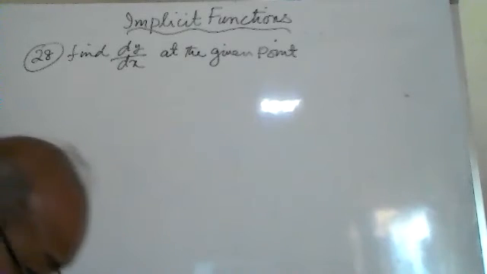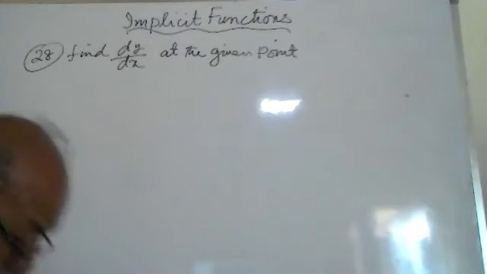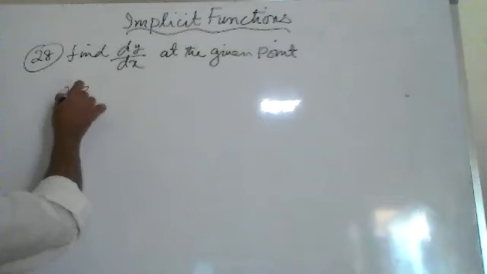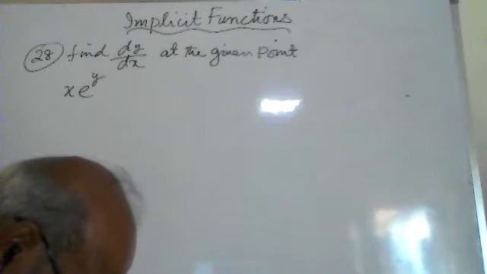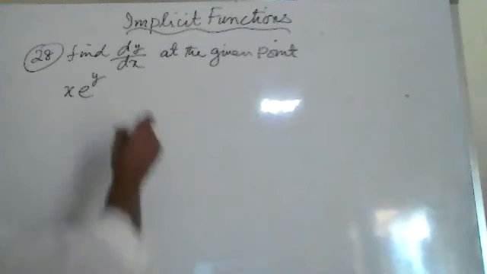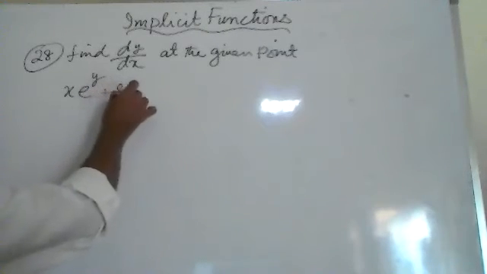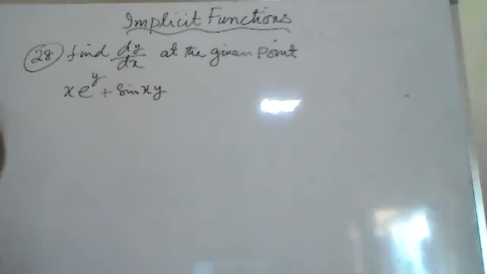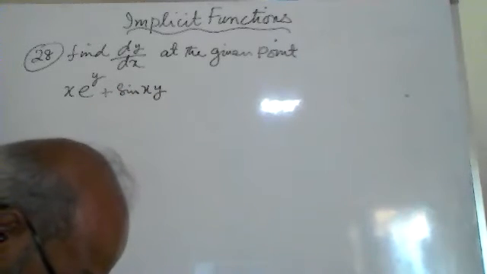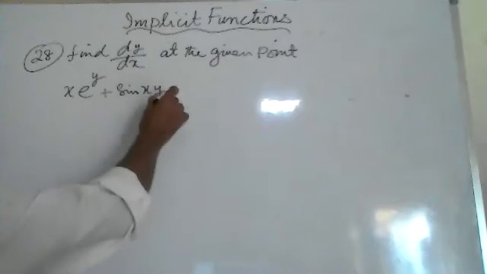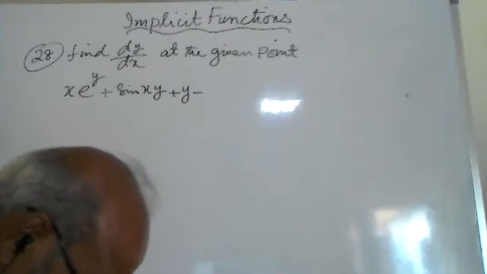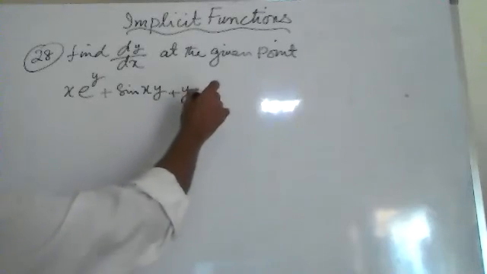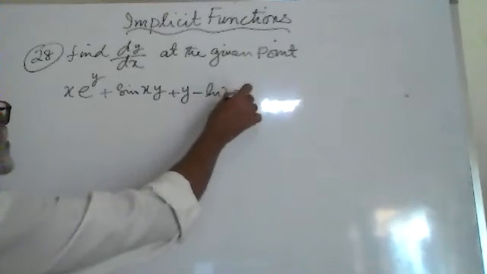The question is x e raised to power y plus sin xy plus y minus ln 2 equal to 0.